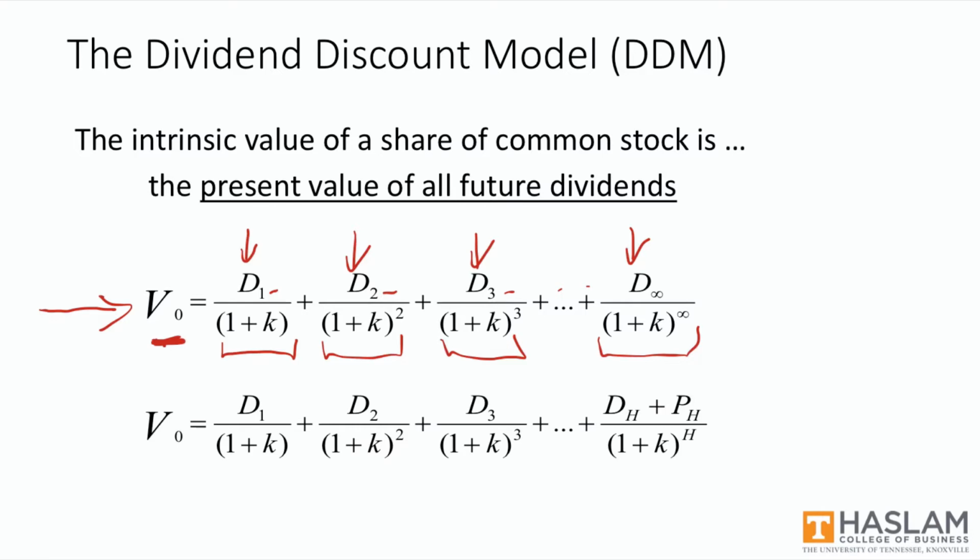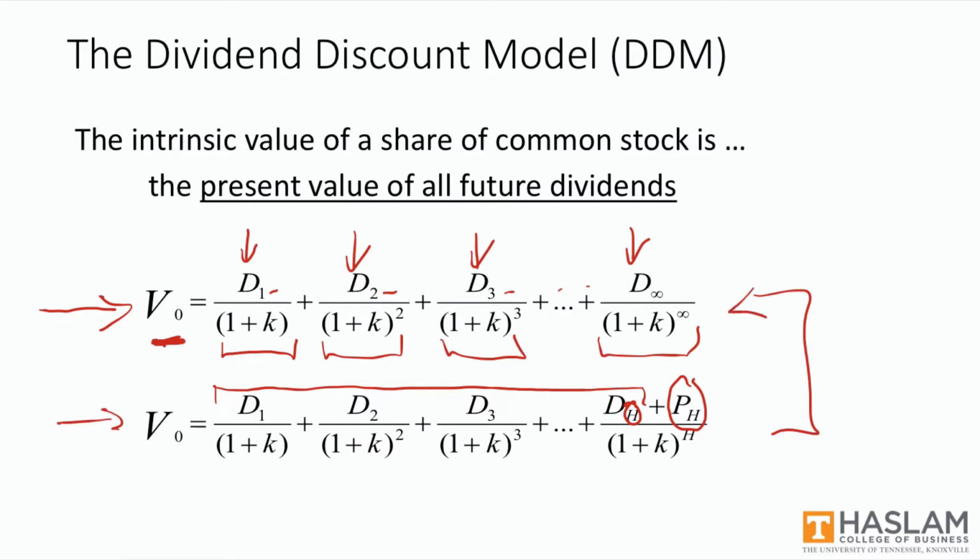Now we've also learned that this equation can be equivalently written as the present value of all expected future dividends up to some future date h plus the present value of the price at that same future date h. And so again, these formulas are equivalent to one another.